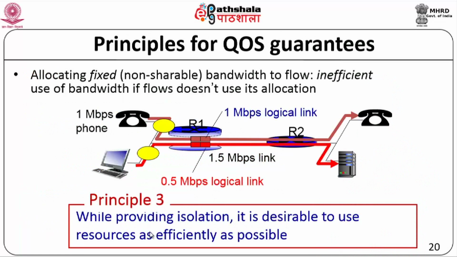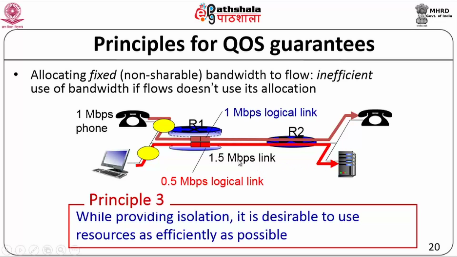The next thing we have to look at is, when you are allocating fixed bandwidth to different flows, if you have an inefficient use of bandwidth, that can also be a problem. So we need mechanisms to efficiently share the bandwidth. For instance, if you have 1 megabit per second VoIP sharing with some HTTP traffic, you may want to provide 1 Mbps for this logical link and 0.5 Mbps for that logical link.